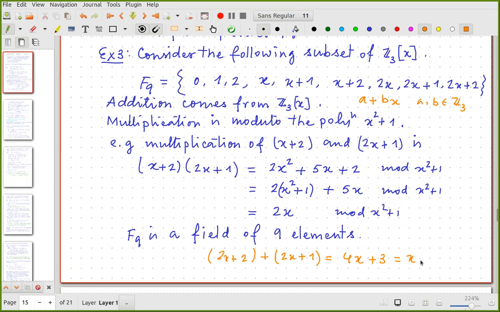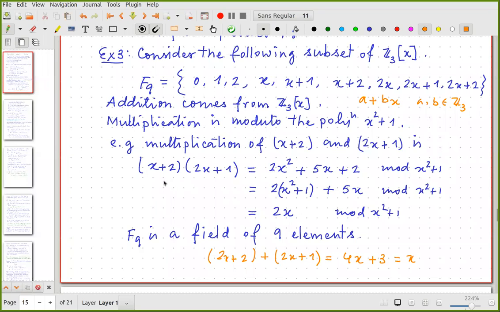So that would be the addition, and for multiplication, you multiply and then read modulo x square plus 1. It's better to explain by example. This is an example we saw last time. If you multiply these two polynomials, x plus 2 and 2x plus 1, then of course you read coefficients modulo 3, but you read the entire polynomial also modulo x square plus 1.